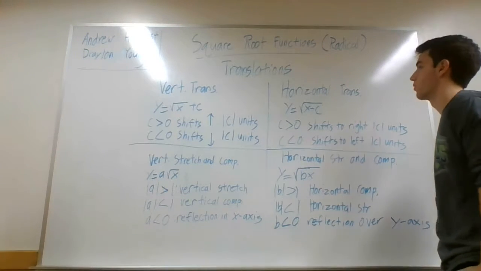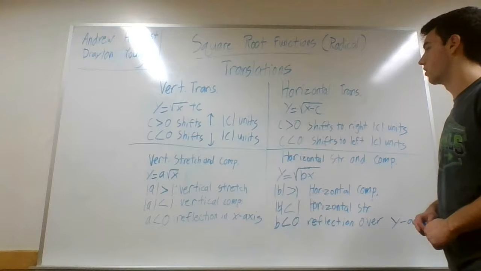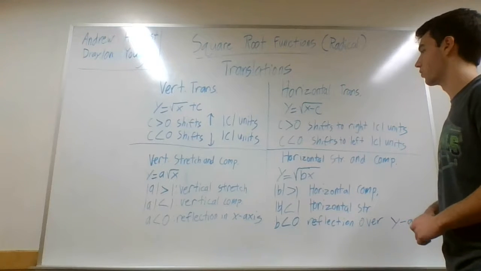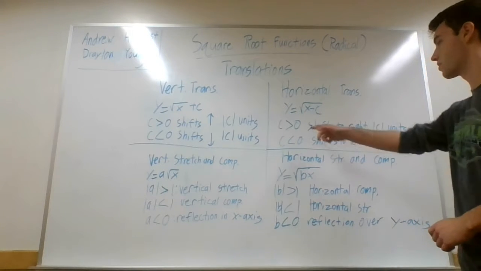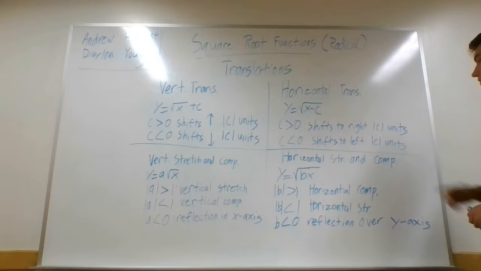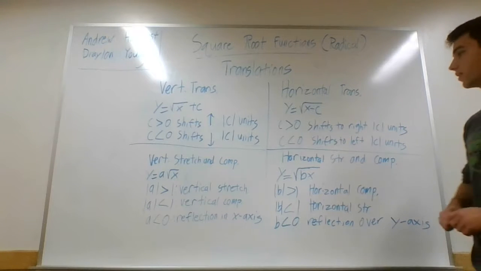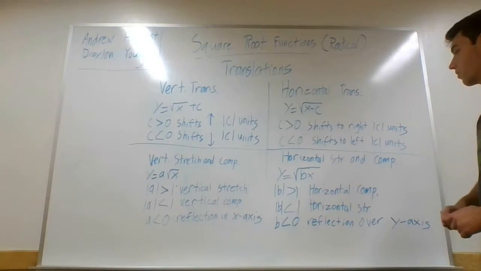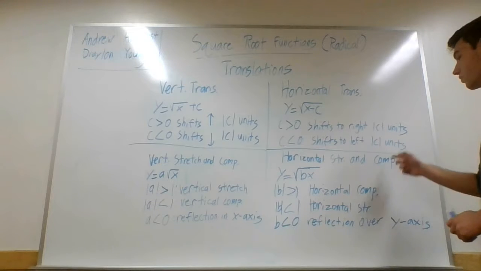And then for horizontal translations, this would be y equals the square root of x minus c. If c is greater than 0, then it shifts to the right c units. And the opposite of that, if c is less than 0, it shifts to the left c units.